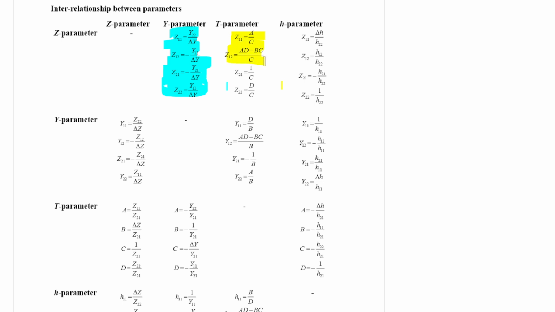So this is the relationship. And we have also derived the Z parameters in terms of hybrid parameters. Right. So in this way we have derived all the possible relationships amongst any two parameters.